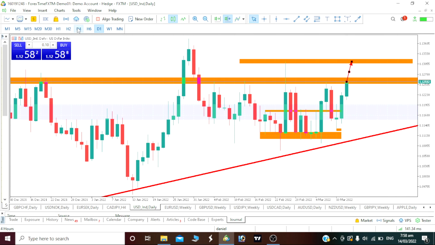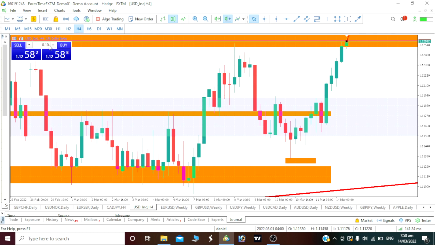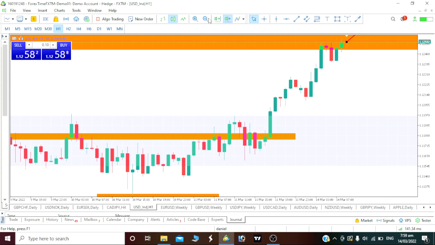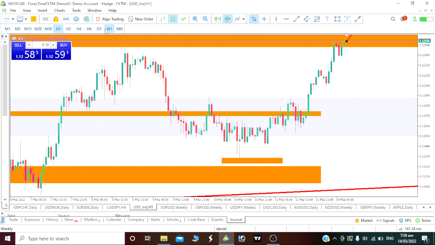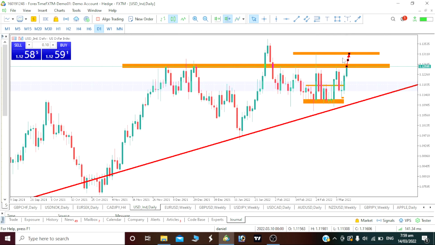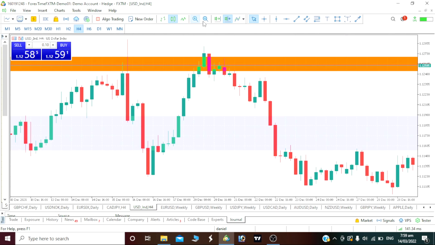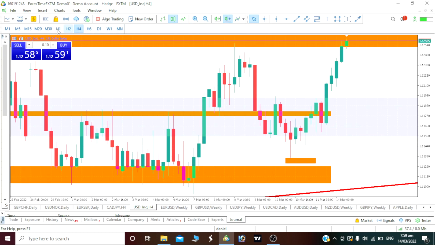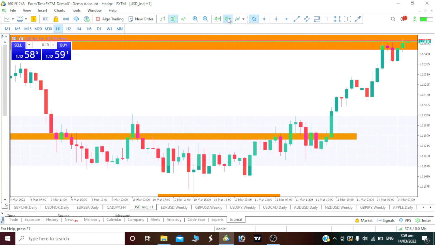As you can see, on our 4-hour time frame, our movement is bullish. On our 1-hour time frame, it is bullish. On our daily time frame too, it is bullish. So we would want to be going bullish on this pair. But before that, I think our price wants to retrace on our 1-hour time frame.